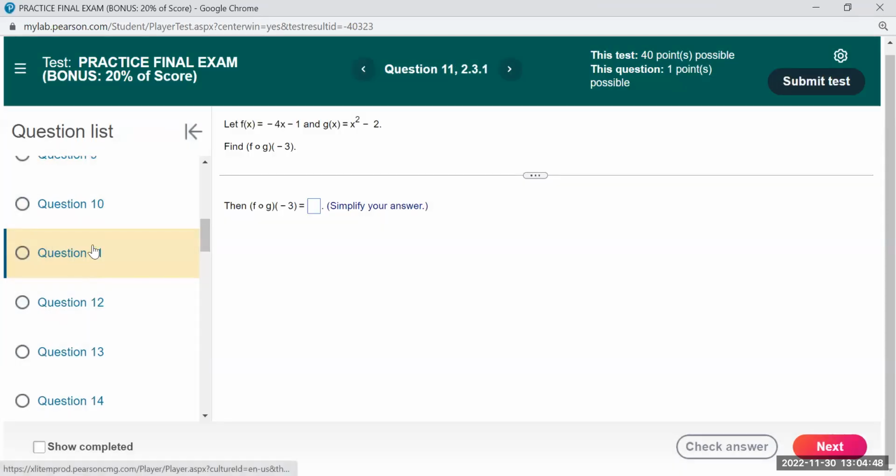Okay. Let f of x equal negative 4x minus 1 and g of x equal x squared minus 2. Find f of g at negative 3.